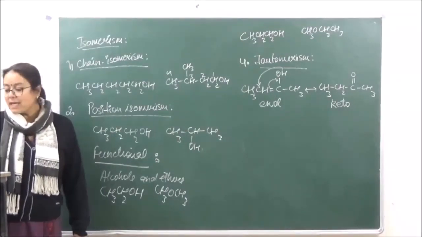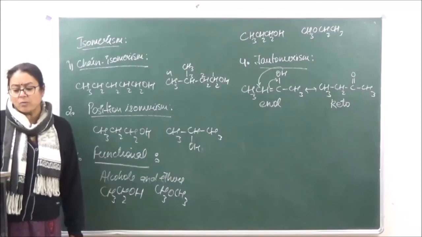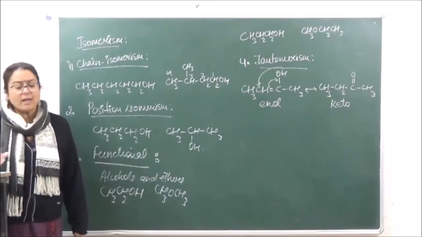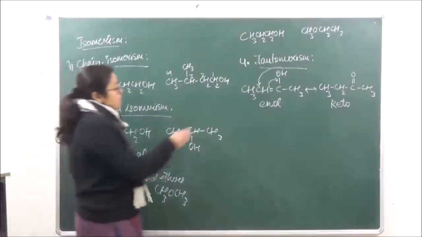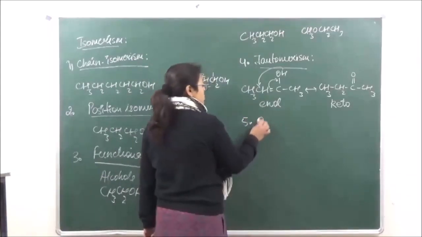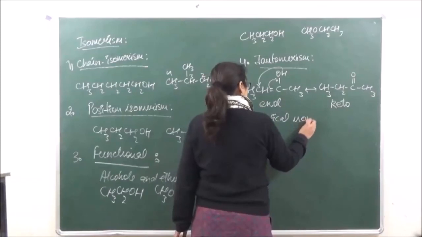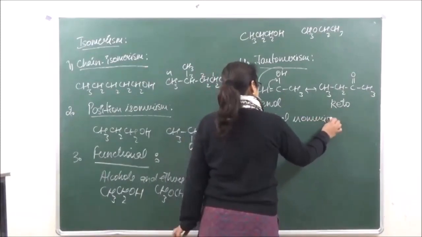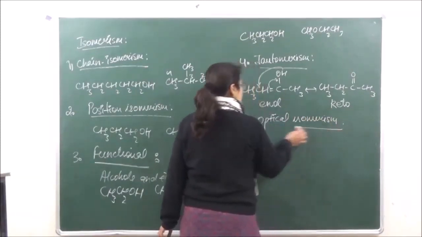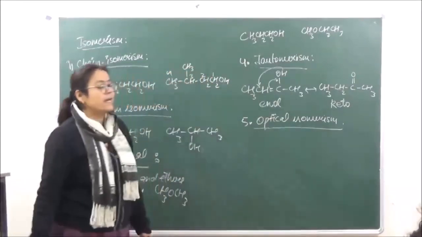Then all of these are of course going to show optical isomers also if there is a chiral carbon atom present. So the next type of isomerism which it may exhibit is known as optical isomerism.